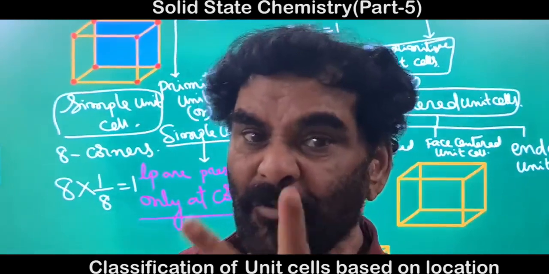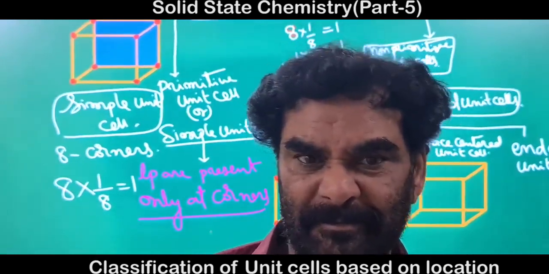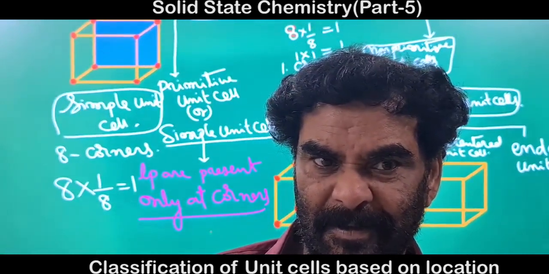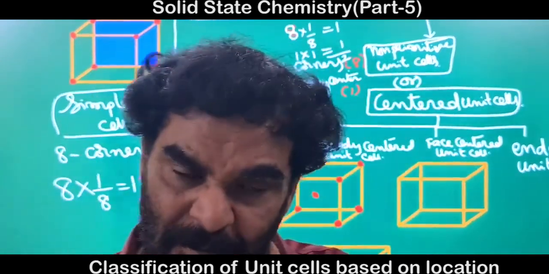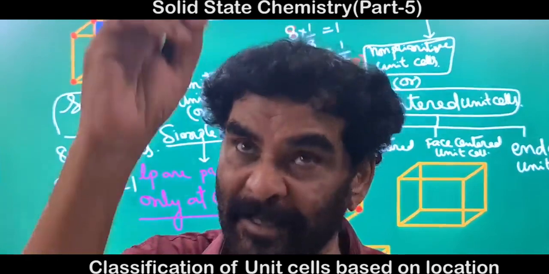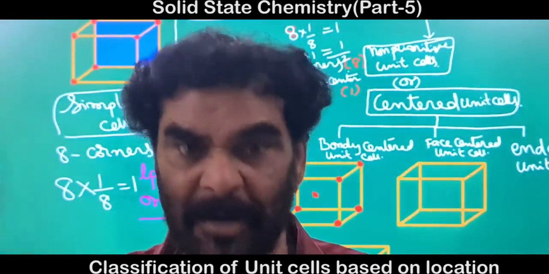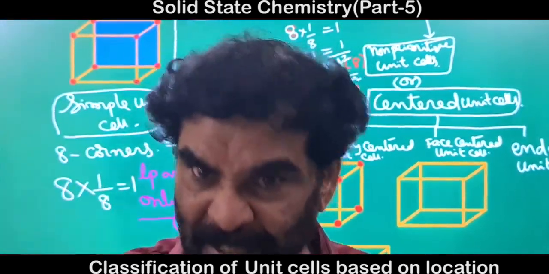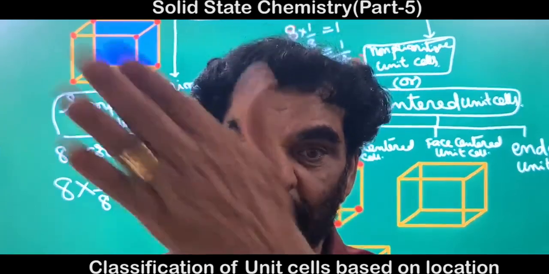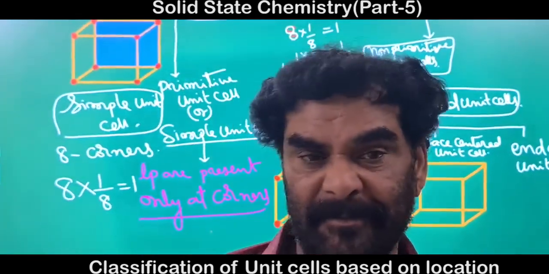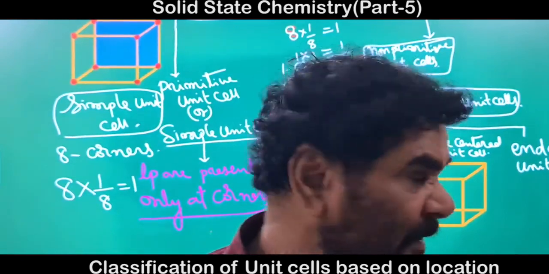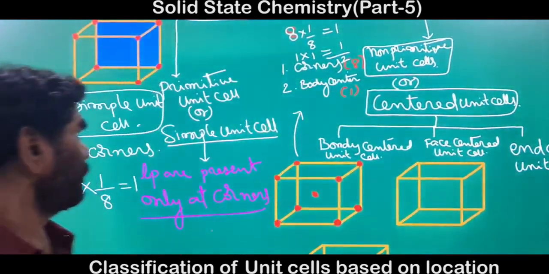For 2 atoms, 1 unit cell is possible. Therefore, the number of unit cells in 1 mole of the material is N divided by 2; that is, N by 2 body centered unit cells are present.